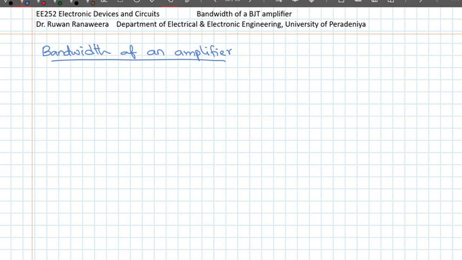DC voltages. But the issue now is, since we are looking at low frequency, small signal circuits, the range of frequencies that we are interested in are the audio frequencies. That's basically 20 to 20 kilohertz mainly.